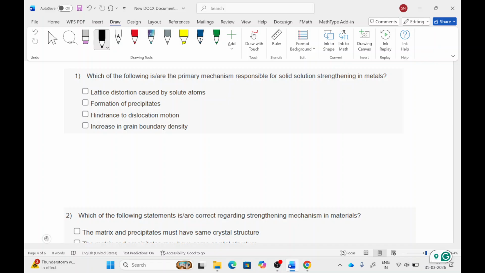Can you guess the answer? Yes, lattice distortion and hindrance to dislocation motion.